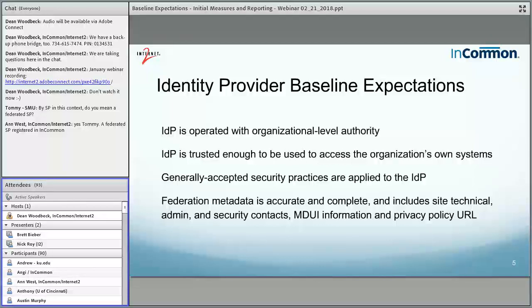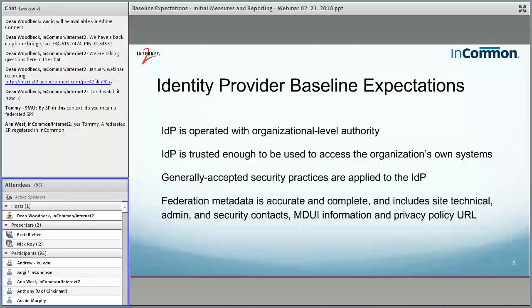So we'll start off with the identity provider role. There's a lot of people in the polls that said that they were running identity providers. So what do you have to do as a person who's running an IDP and has that IDP's metadata listed in InCommon to be in compliance or to meet baseline expectations? Well, your IDP needs to be operated with organizational level authority. In other words, that IDP should be authoritative for the identities at that organization.